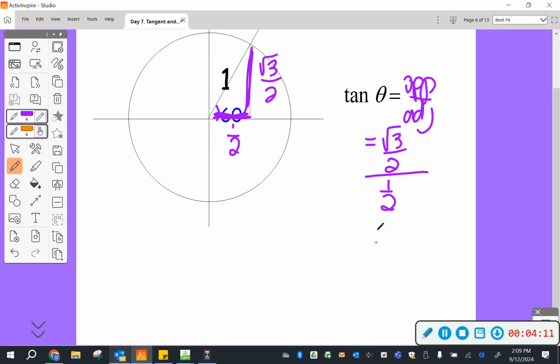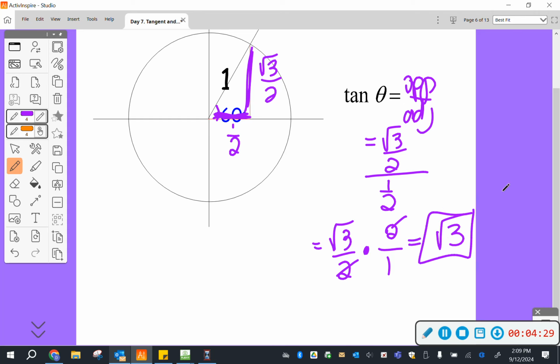I'm going to keep the top the same, change it to multiplication and flip the bottom. What happens? My 2's cancel. And what's my answer? Those are the tangent values for 30, 45, and 60.